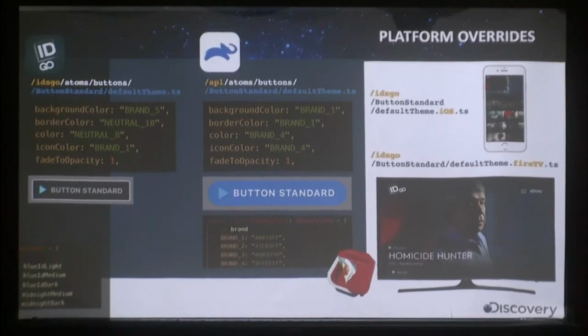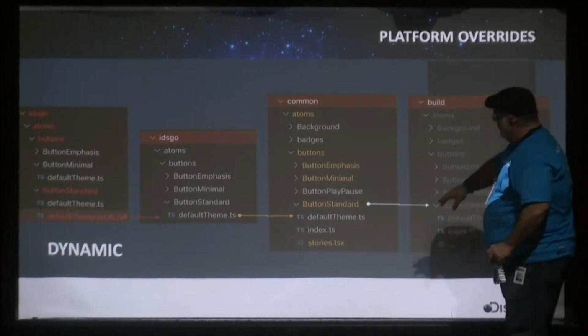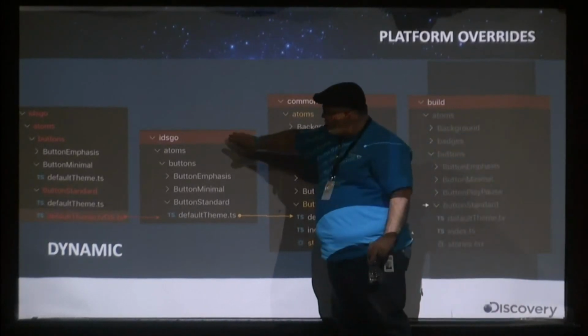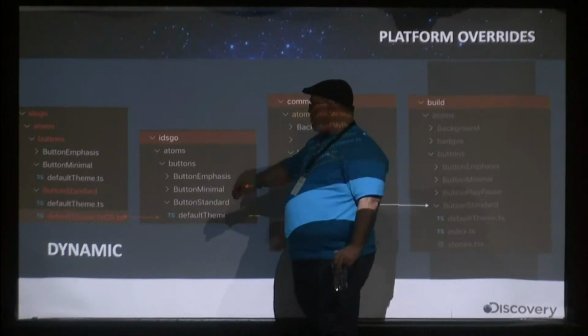And I think I actually have one slide again, which I'll probably get in trouble for, but this shows the way that override system works. So at build time, when we build the app, you start with your most common variables. You have your global stuff. You lay over top of that the default theme, and then if there's a product override, you override that default theme with the product specific override.